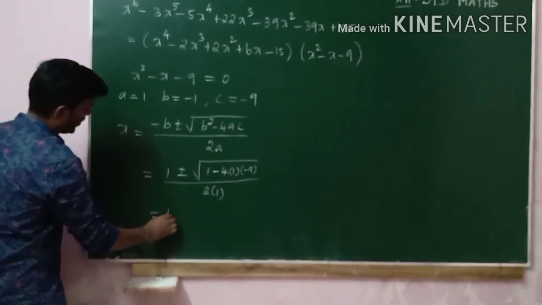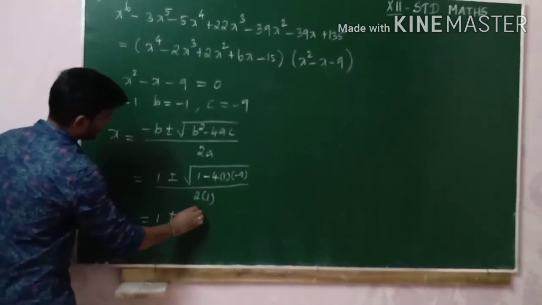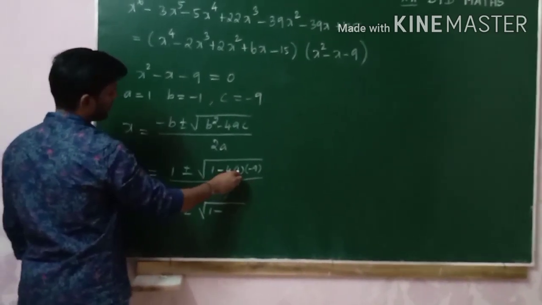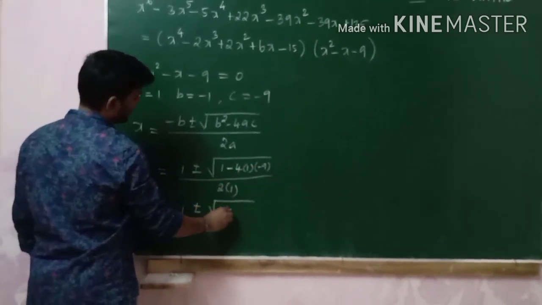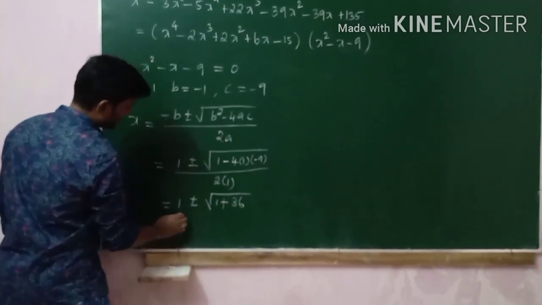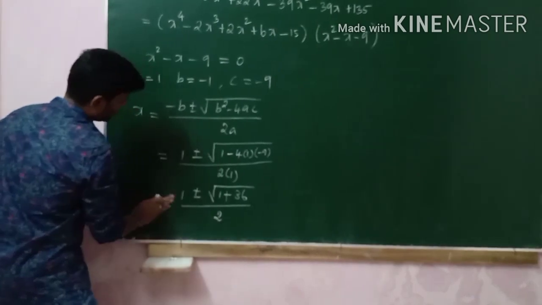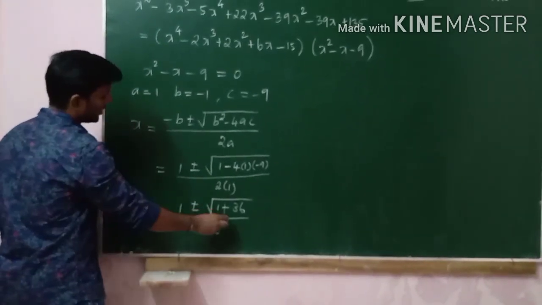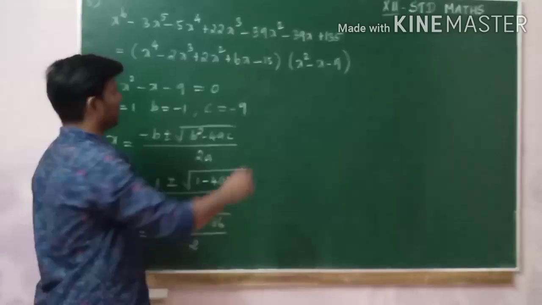So 1 plus or minus square root of 1 minus, minus into minus is plus, 4 ones are 4, 4 nines are 36, by 2. So 1 plus or minus square root of 1 plus 36 by 2.